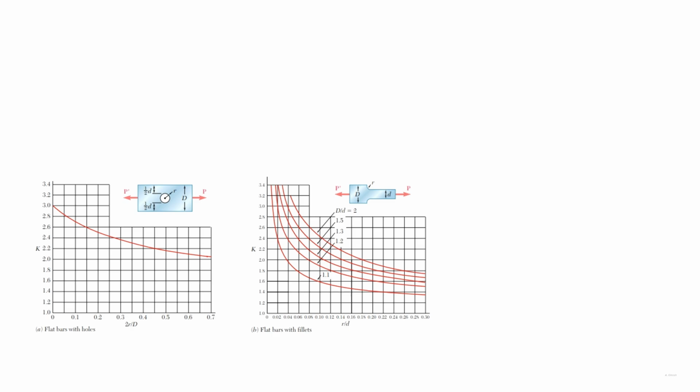Here we discuss stress concentration. In the last slide, we discussed the case of a bar subjected to tensile loading. The stress around the point where the load was applied was found to be higher than other parts of the bar.